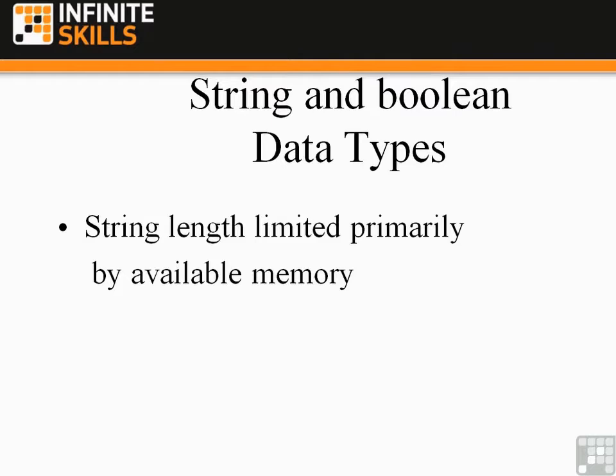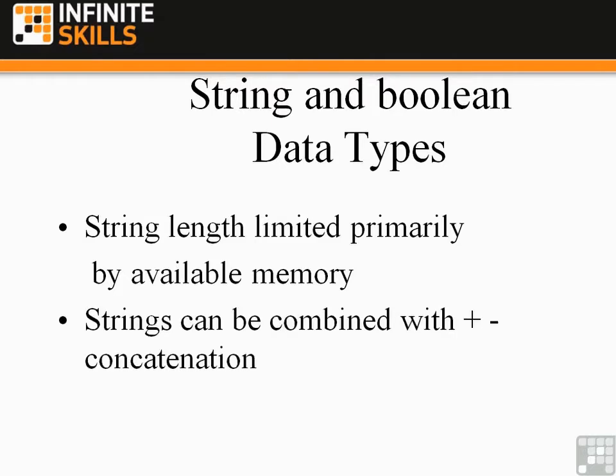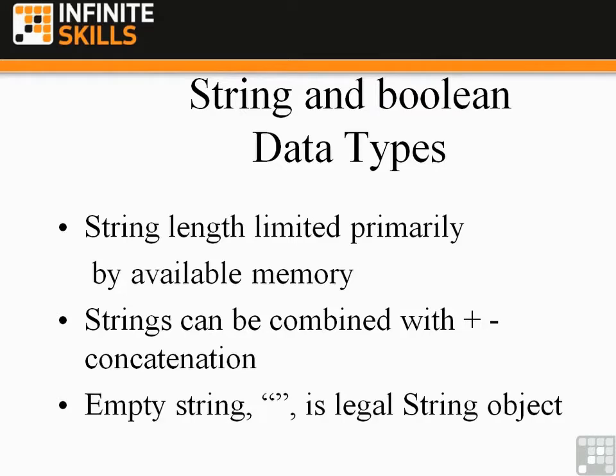So any size string you probably want to use, such as a sentence or a paragraph, would easily fit within the limit of a string's length. Strings can be combined with the plus or concatenation operator. We'll look at the details of performing that task later. The empty string, which is two double quotes butted together with no space in between, is a legal string object and is used quite often in Java programming.